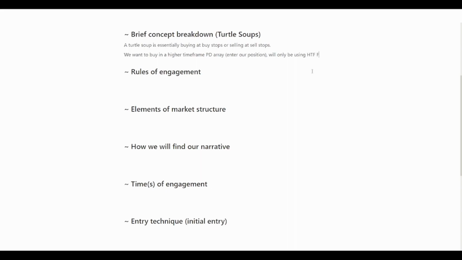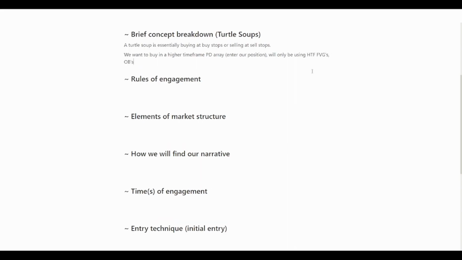Let me put higher time frame fair value gaps, order blocks, and breaker blocks, or mitigation blocks. So those will be my only methods of entry there for the higher time frame PD arrays.